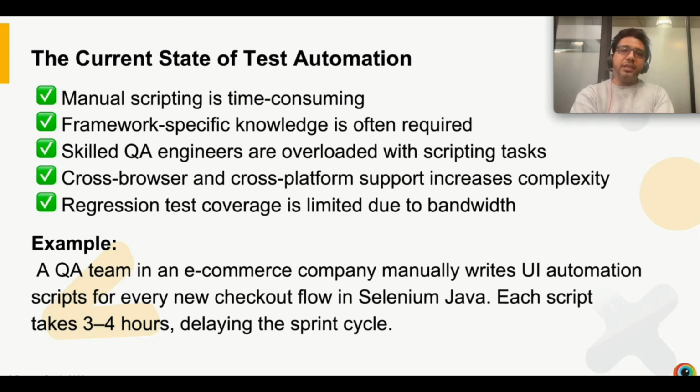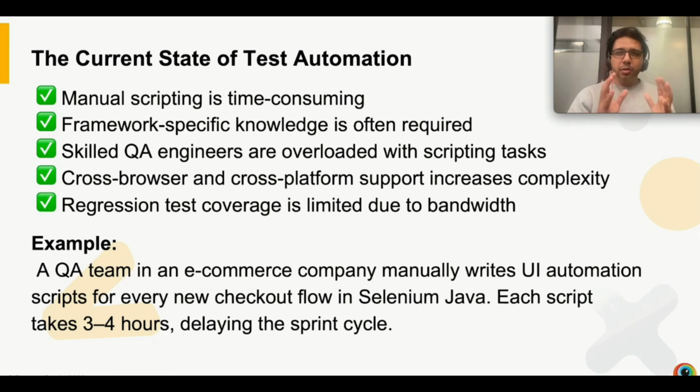For that, sometimes framework-specific knowledge or skilled QA engineers are required, and sometimes, due to a lot of work taking care of both functional testing and automation, we don't even get bandwidth to automate, right? And we all know, nobody works like development and automation going together in the same sprint. It never works. Automation usually goes one sprint behind due to that reason, right? Because we have less bandwidth.